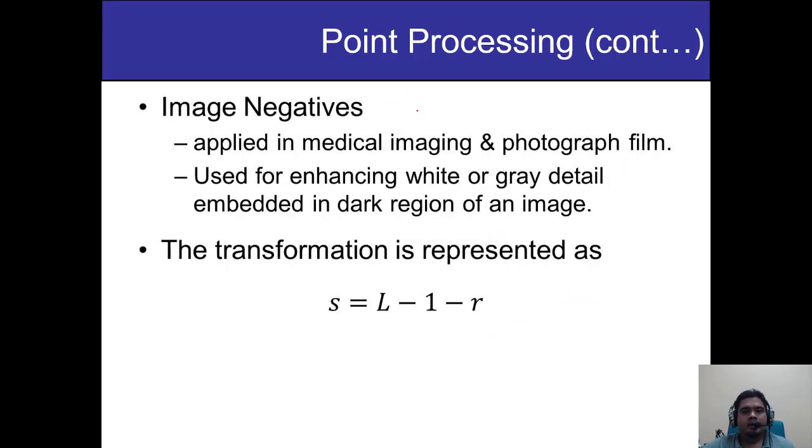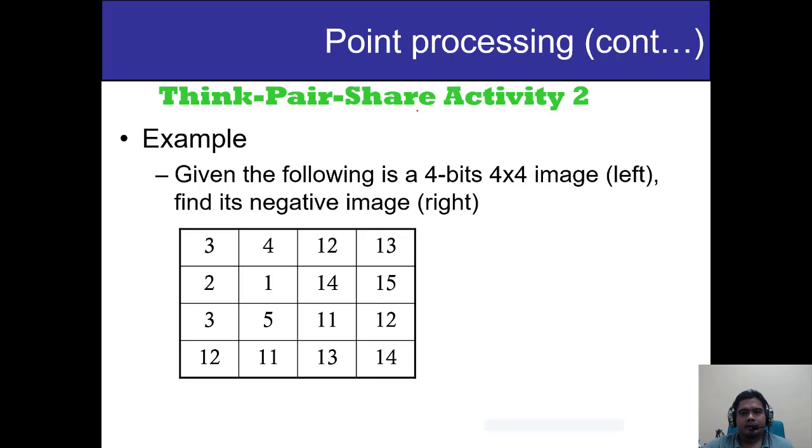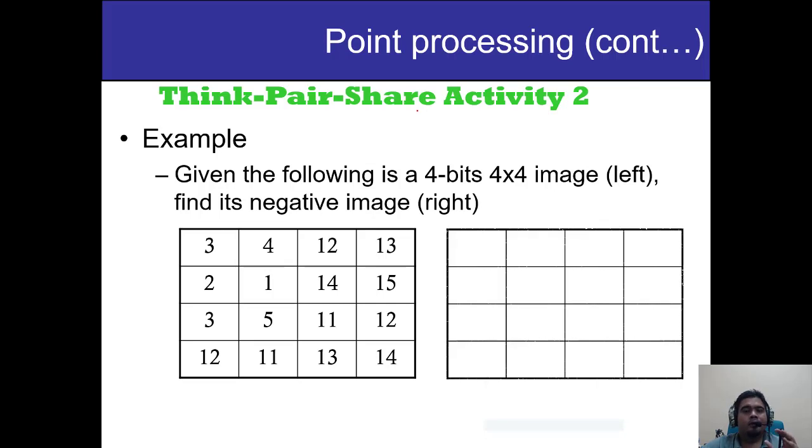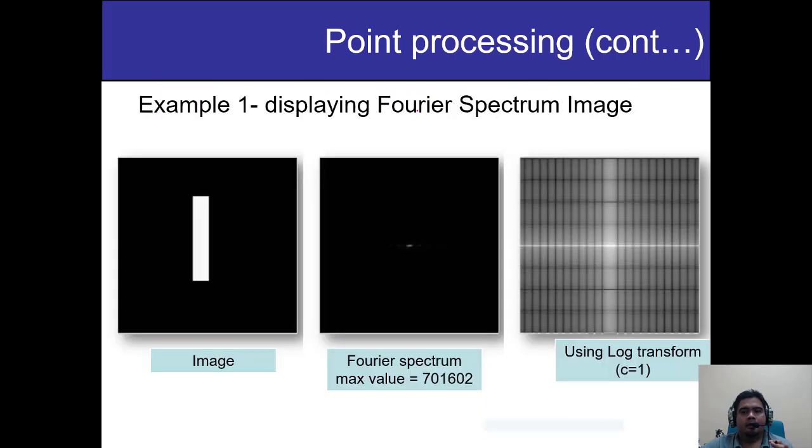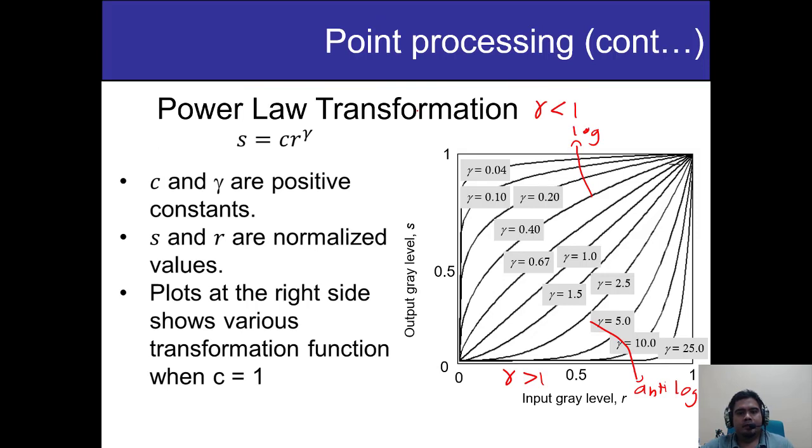But here in power law transformation function, this one is only applicable for power law transformation function. The R that you need to use here is a normalized R. Meaning that when you want to compute a power law transformation function, just remember that you cannot directly apply those numbers.